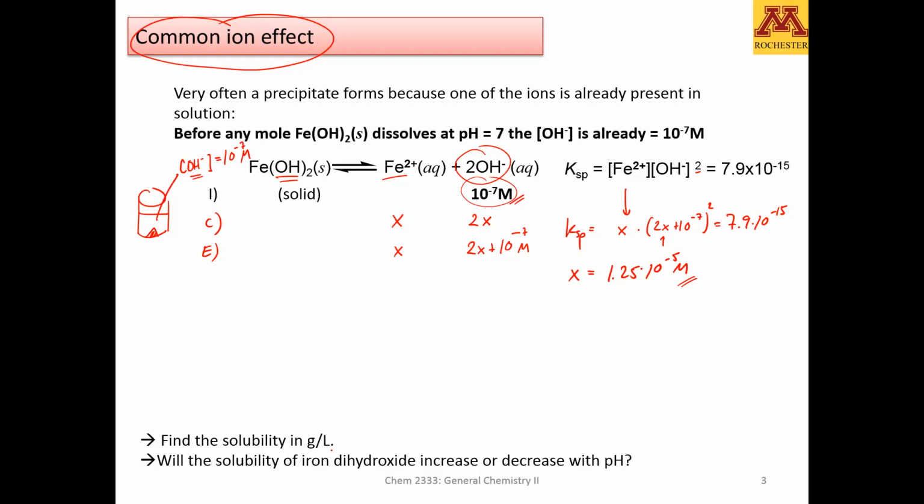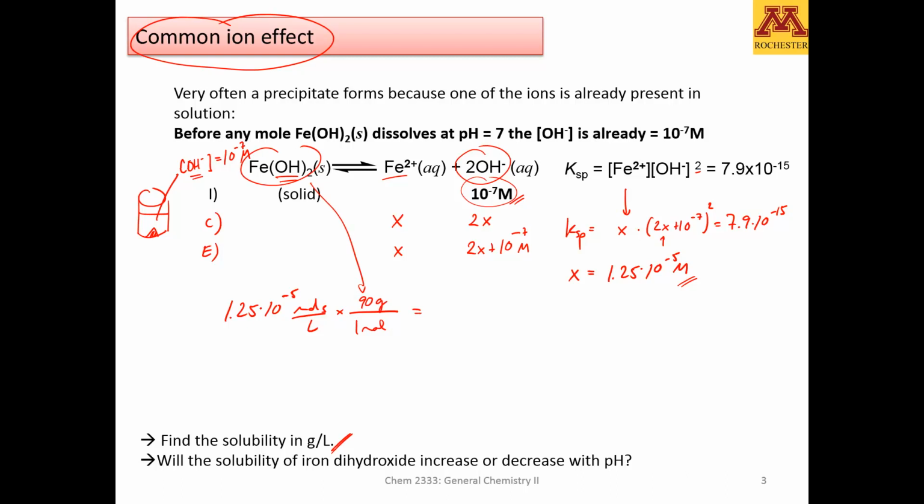Typically, sometimes you will see that the solubility can be given in grams per liter. So in here, the solubility that we calculated was in molarity. That's what you always plug into the KSP. So this is moles over liter. Okay, can we convert that into grams per liter? Well, we just need to convert moles into grams. 1 mole, if you calculate the molar mass of iron hydroxide, is around 90 grams per mole.